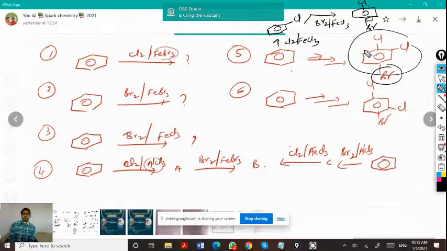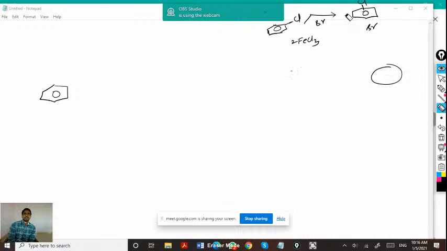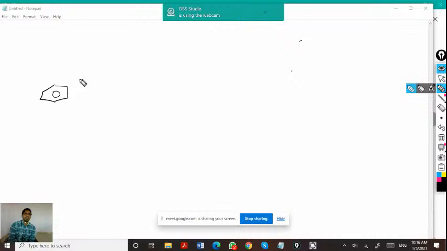Let me rewrite it once again so that it will be more clear. If I take benzene, my intention is to make 1,2-dichloro-4-bromobenzene.